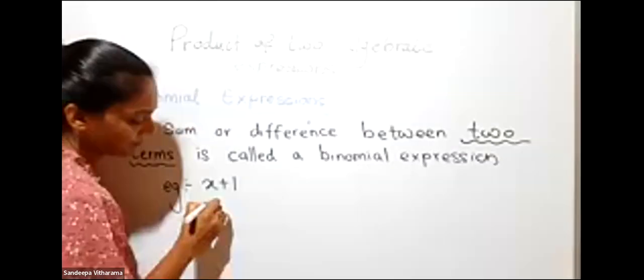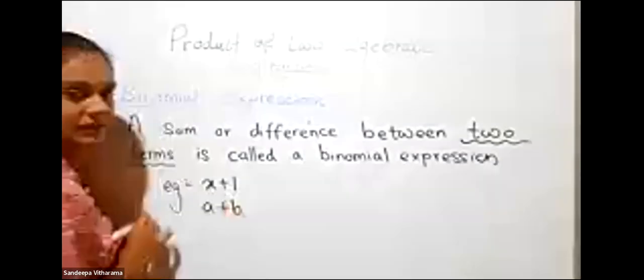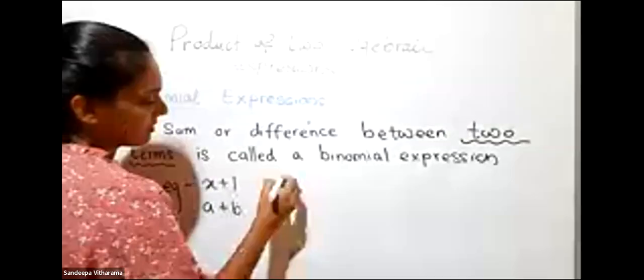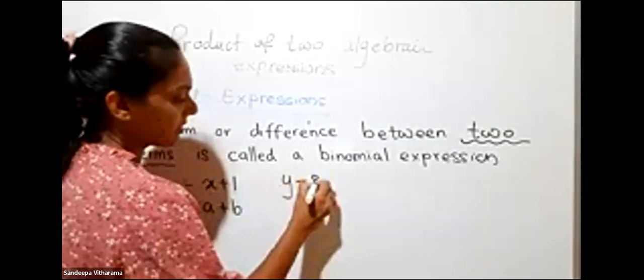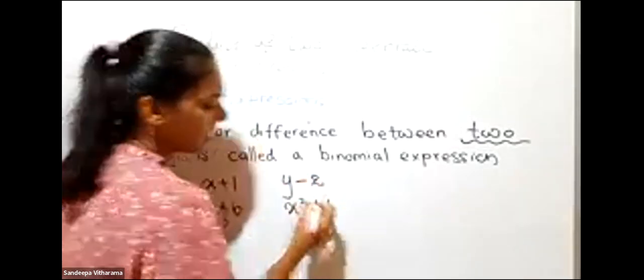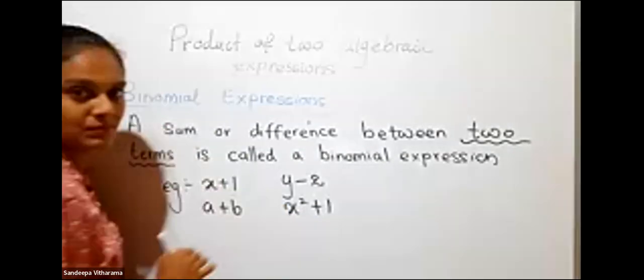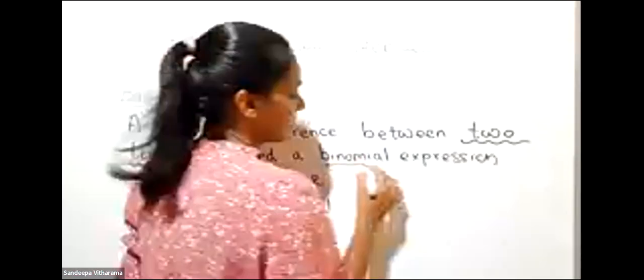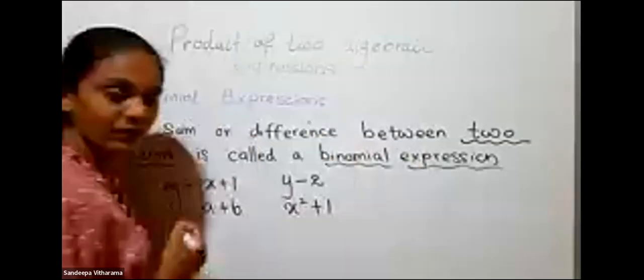a plus b. There are only two terms. y subtract 2. x squared plus 1. There are only two terms. Always, if there are only two terms, those kind of expressions are called binomial expression.